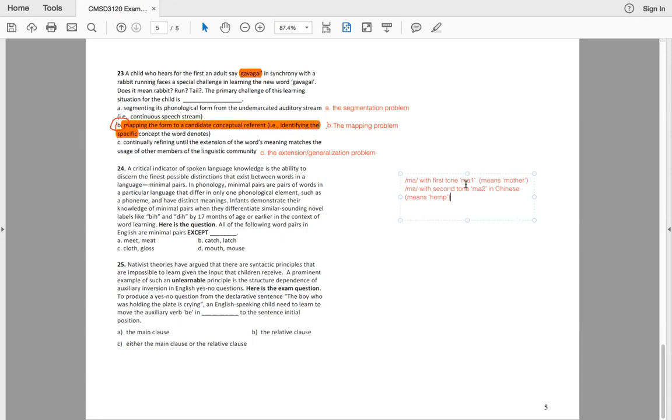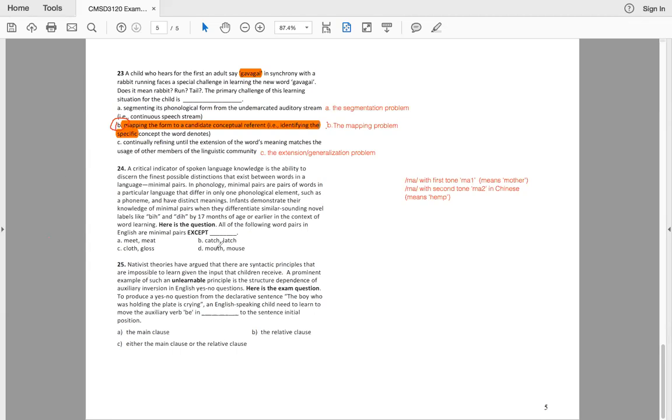They have the same phonemes, but they differ in the tone, and they have different meanings. So they are a minimal pair. In English, the question here is to find out the minimal pairs. Let's look at some questions.